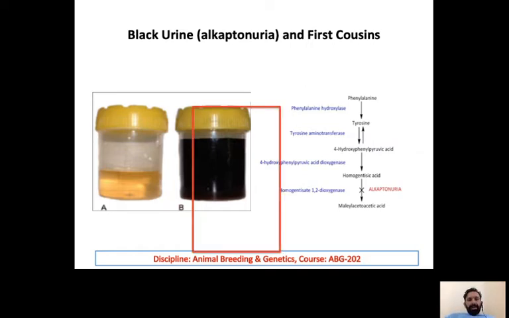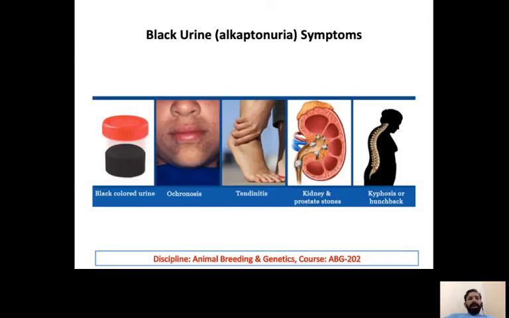Now, this black urine disease has some other symptoms as well. Those are clinical symptoms. The urine color is black. Then there is ochronosis, some sort of rashes around the mouth.